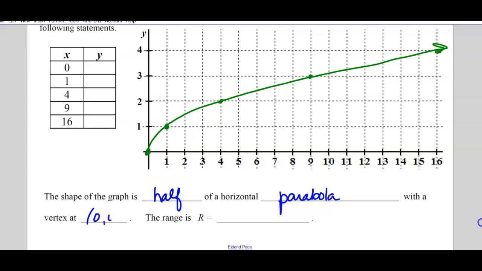So this is at 0, 0. So your base graph also has a range of y greater than or equal to 0. This is your base graph, y equals root of x, which is the positive root of x.